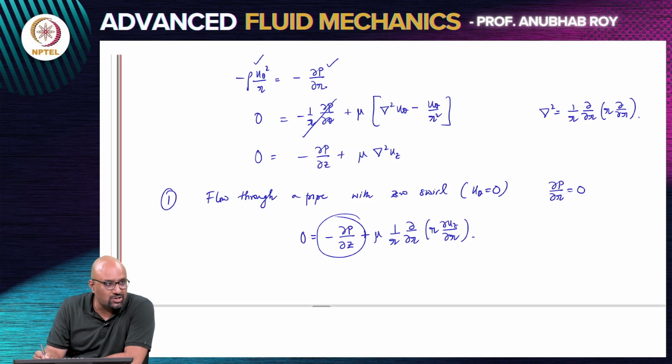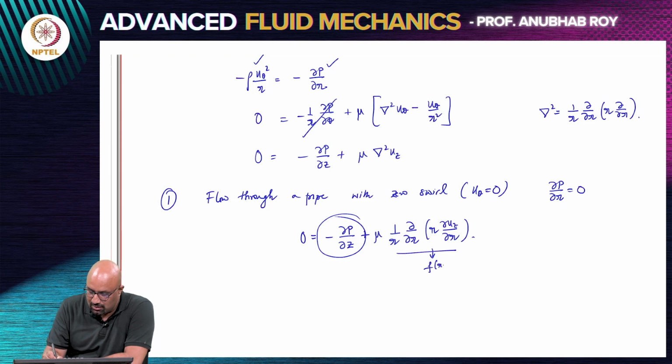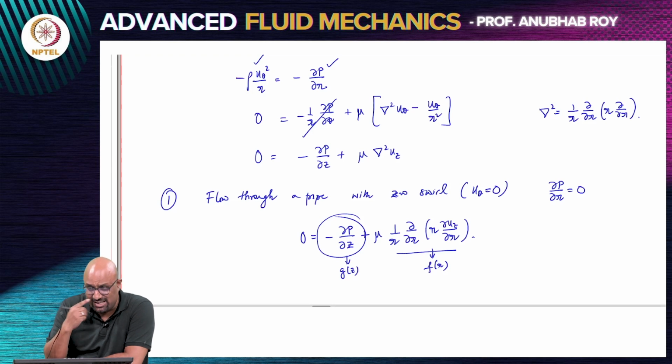There is no radial pressure gradient, which means pressure can only be a function of Z. But then the viscous term can only be a function of R, and this can only be a function of Z, which automatically implies that each of those are constants. This is basically the same argument that we used in plane channel flow. We are now repeating and recasting it in the cylindrical flow problem.